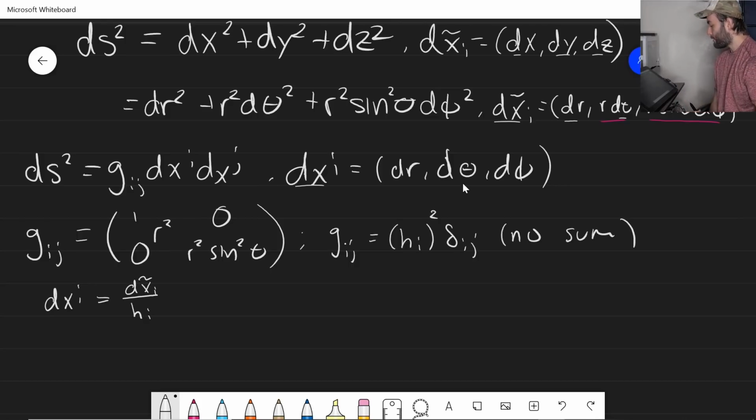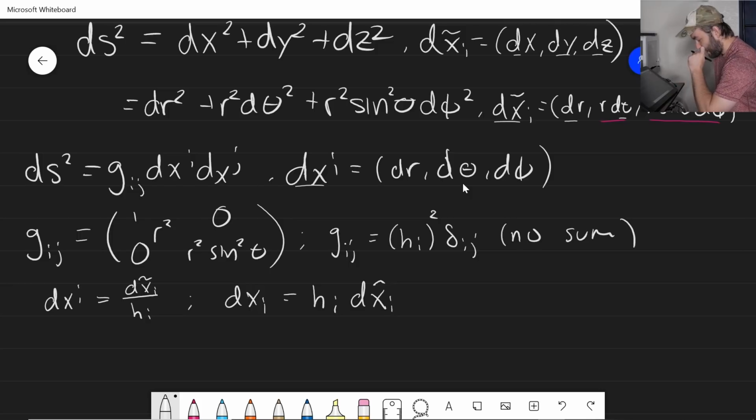Okay, but we still want to be able to take dot products, scalar products between contravariant vectors and whatever need be, so that the dot product reduces to just dx tilde dot dx tilde. So we define what's called the covariant vector, dx_i, which would be h_i times dx tilde^i. Again, with no sum over anything here.